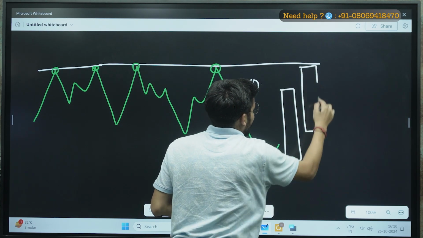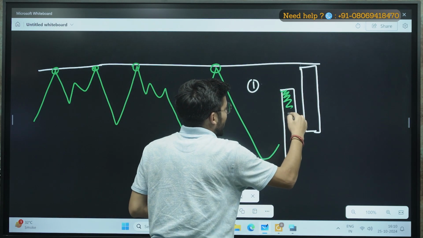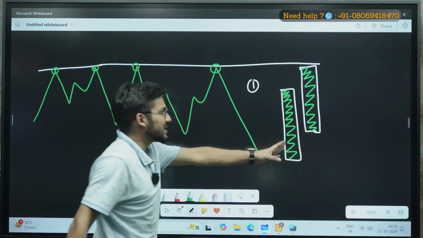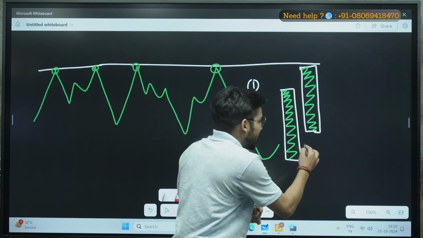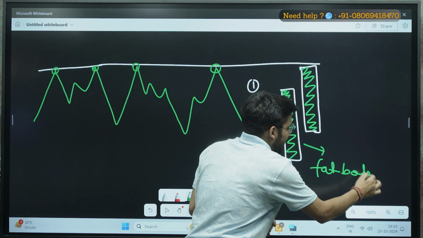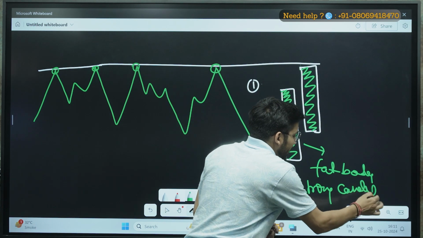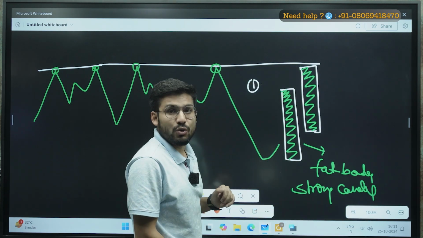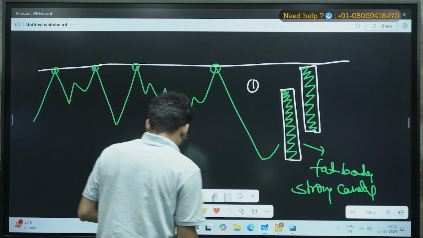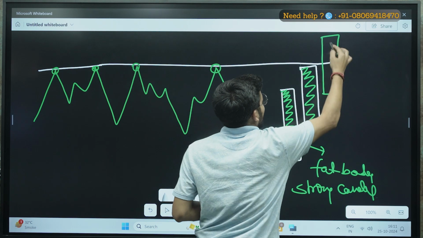So these two are my green candles, and they are moving close to my resistance. You can say these are candles having a fat body, or a very strong candle. And now there is a breakout. I have seen there is a breakout, and that breakout candle was also a very good candle.